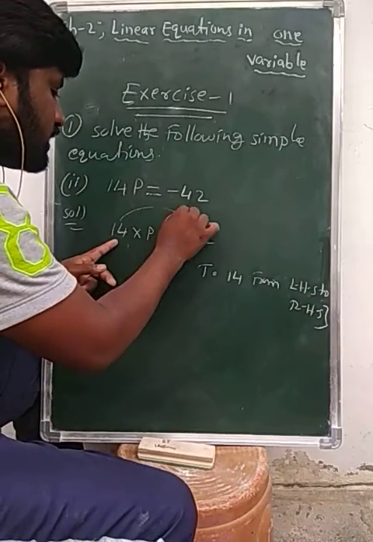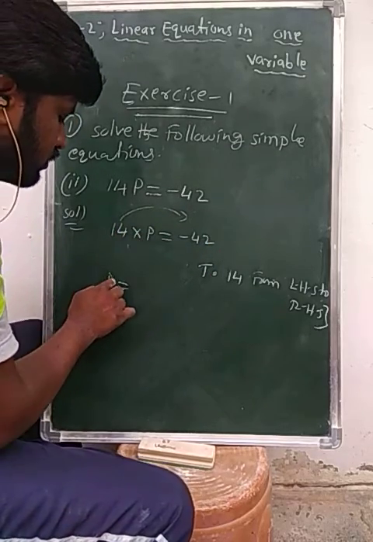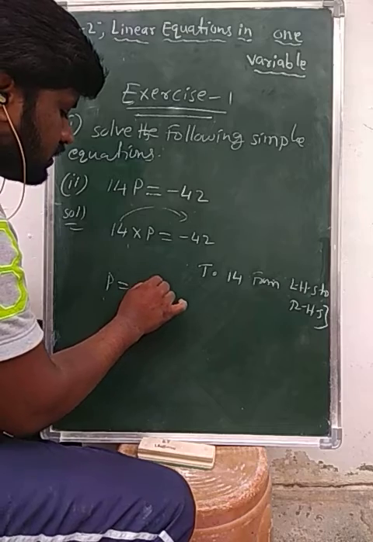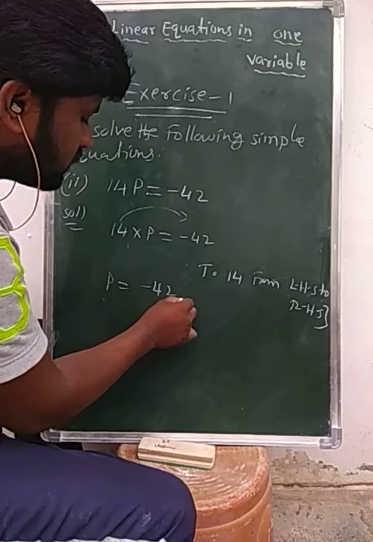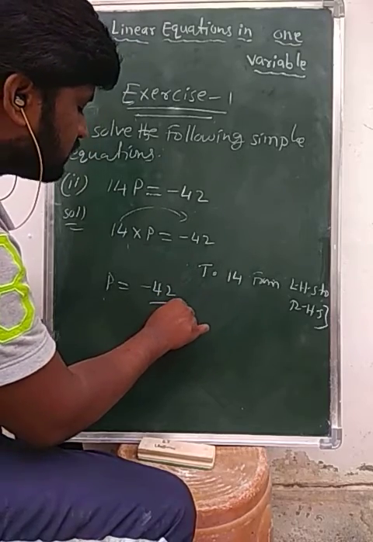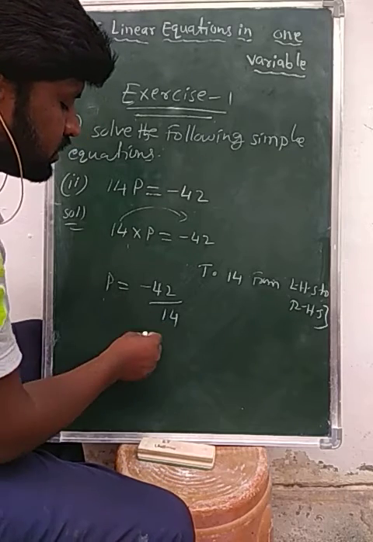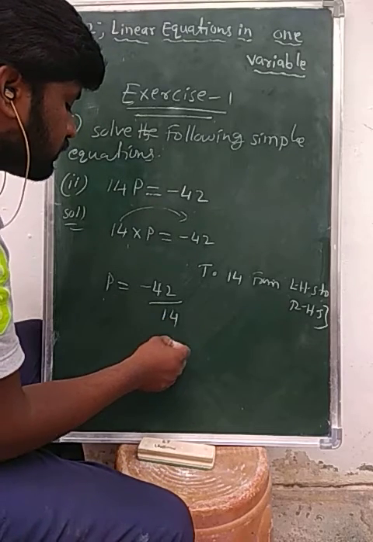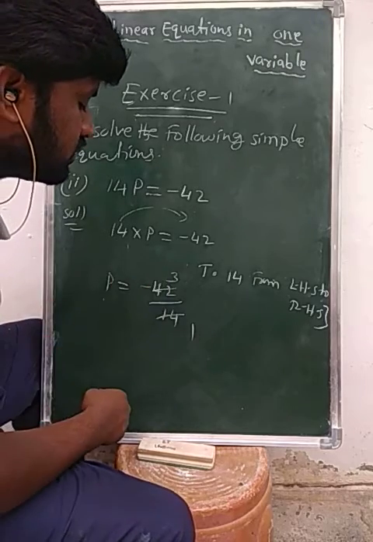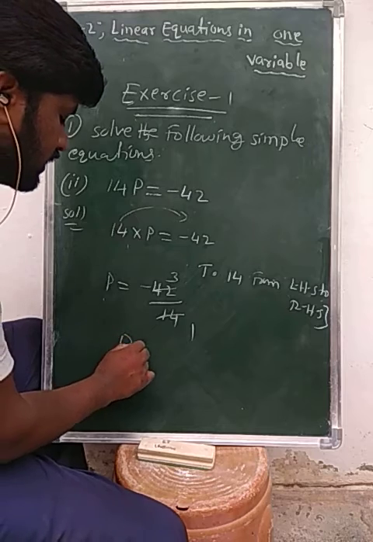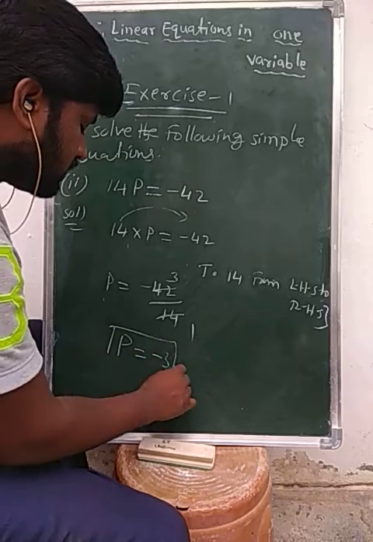Then p is equal to minus 42 divided by 14, because multiplication quantity, when transposed, becomes division quantity. So by cancellation, 14 ones are 14, 14 threes are 42. So we get p is equal to minus 3 by 1, that is minus 3.